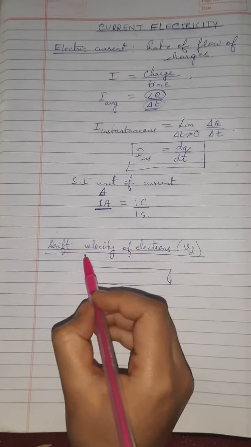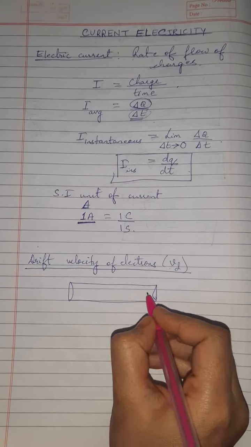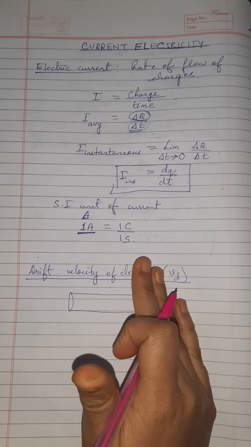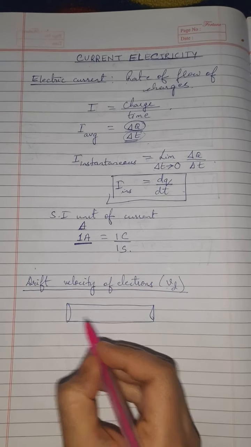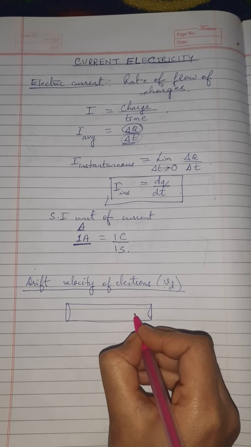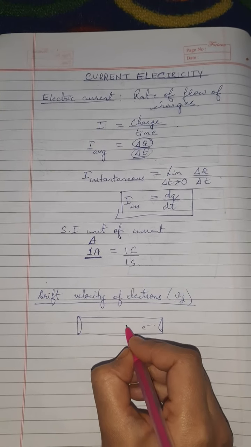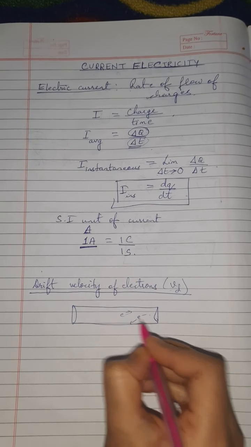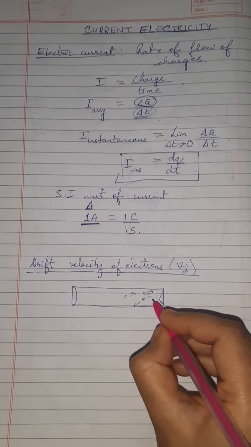Let's proceed to find out the drift velocity of electrons. Suppose you have a conductor which is not exposed to any external electric field. That means no potential difference has been applied across the ends of this conductor. But it is a conductor, it has got some electrons and ions in it. Now the electrons will be moving randomly in all possible directions, giving rise to a velocity.